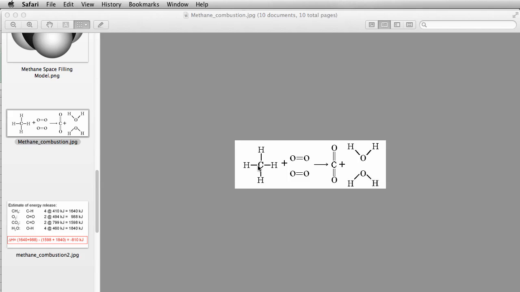Now, if we happen to know what the cost is in terms of breaking a carbon-hydrogen bond, and we know the quantity of those, for example, in this case, there are 4, 1, 2, 3, 4, and we know what the cost of breaking the oxygen bonds are, in this case, 2 oxygen double bonds, and then the benefit that we would get by forming new bonds, in other words, the energy that is put into the system from the formation of 2 carbon-oxygen double bonds and 4 oxygen-hydrogen bonds, we can do a system, basically a ledger of pluses and minuses, to figure out what the net value is for the reaction.